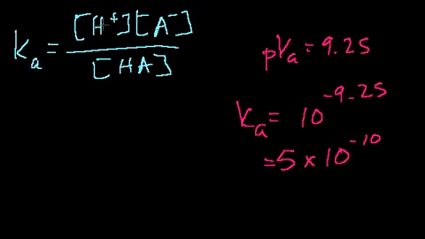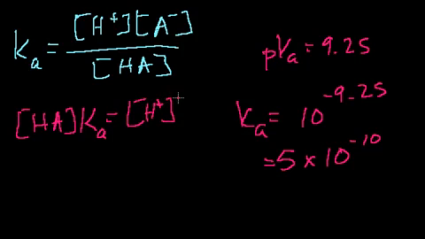So if you put some of your weak acid into a solution and let it get to equilibrium, if I just do a little algebra, your weak acid times your equilibrium constant is equal to your concentration of hydrogen times your conjugate base. Now, if you didn't have any hydrogen or conjugate base to begin with, every mole of this dissociates into 1 mole of that and 1 mole of this.